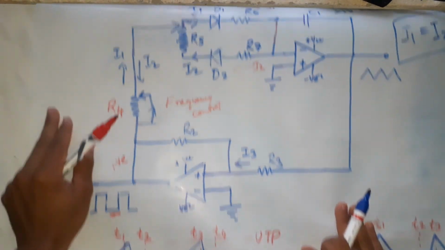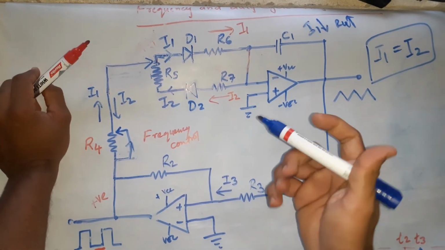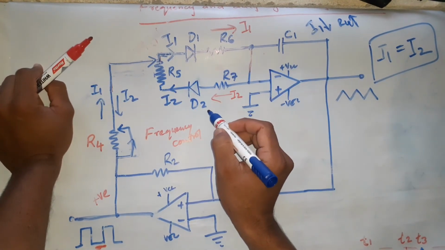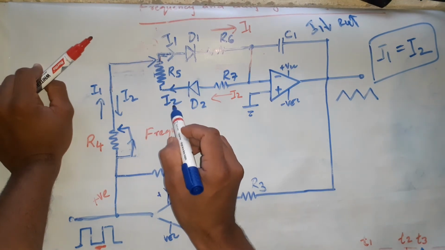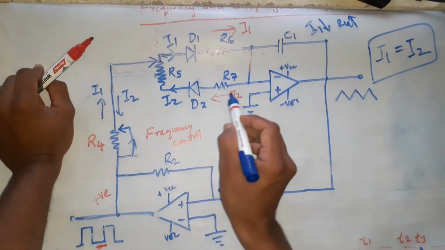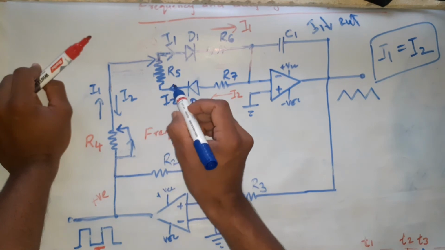Okay. Now similarly, at the same time, what is current I2? Since this is kept at up, current I2 has more resistance, right? For the path of current I2, it has to flow through R7 and R5, right?